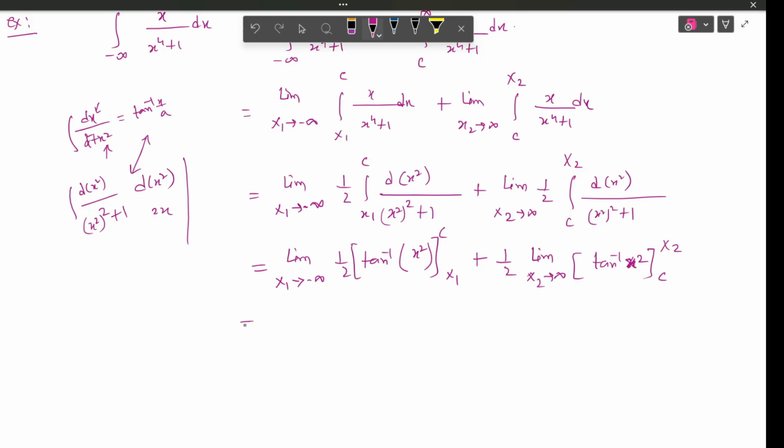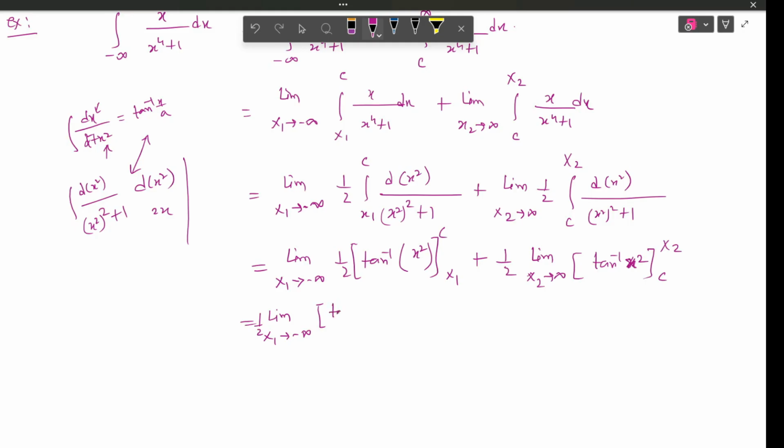Now put the limits. Take the half outside the limit because it is constant.